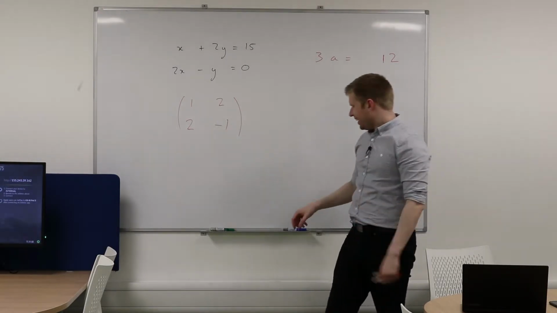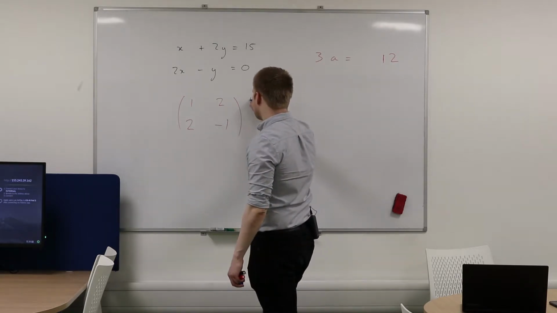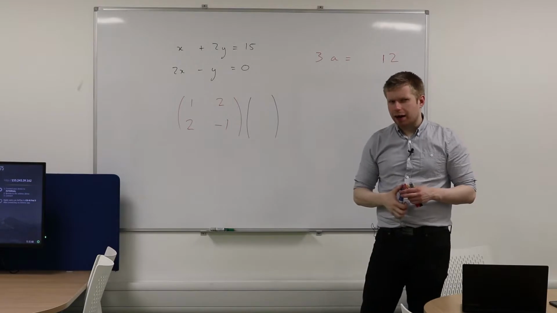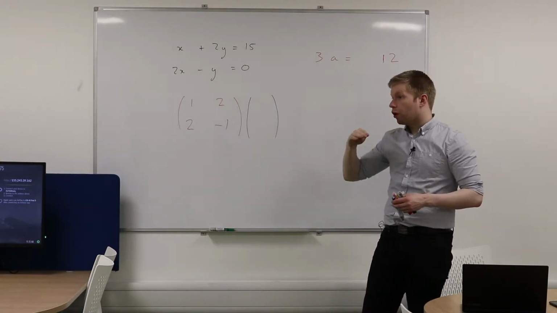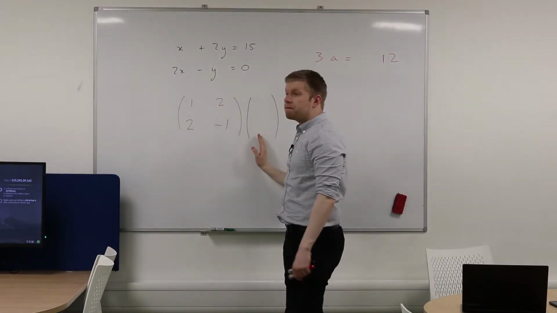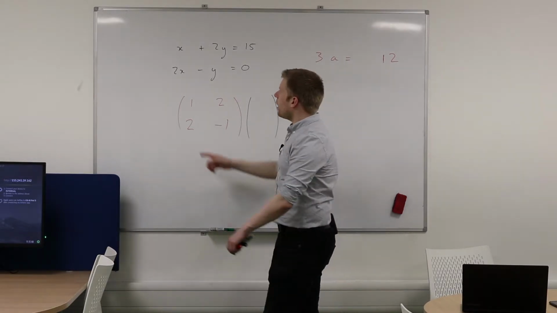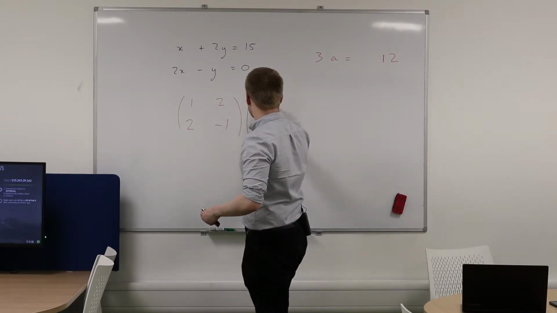Very good. The next thing I'm going to create is a matrix, if you like, but you would probably call this a vector, because a vector is just a one-dimensional matrix, so either one column or one row. This one is going to be my variable matrix, or my variable vector. My variables are x and y, so I put an x first, then a y.